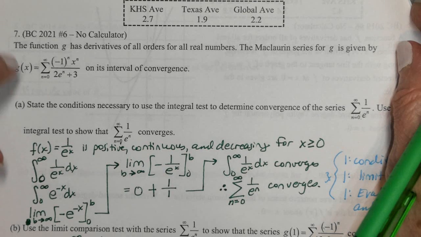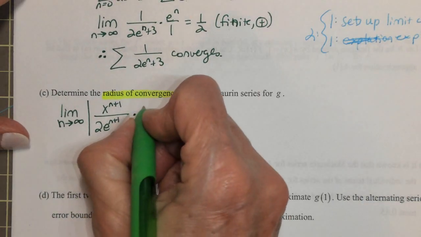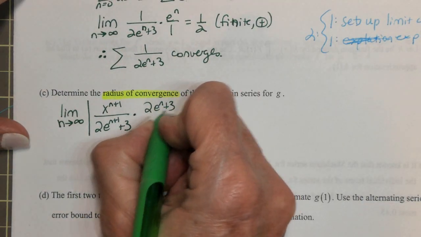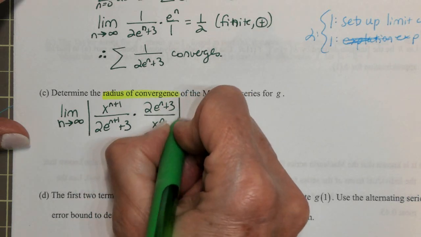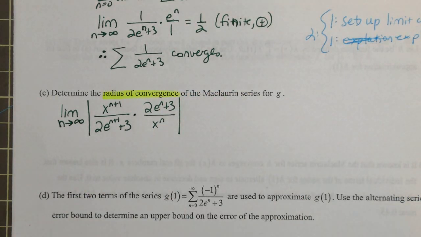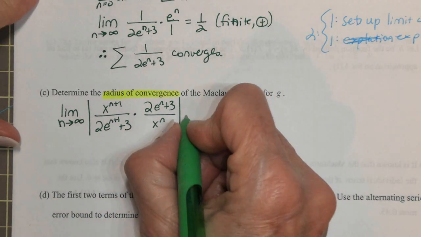So the 2e to the n plus 3 goes on top, and the x to the n goes on the bottom. There's our setup for the ratio test, always worth a point.